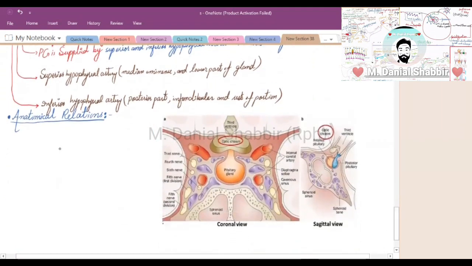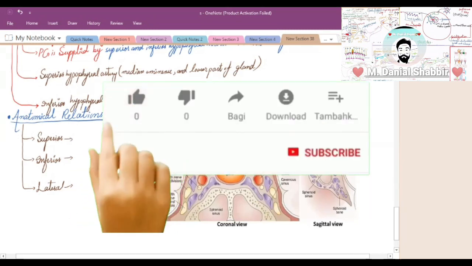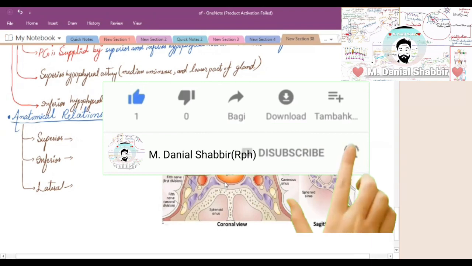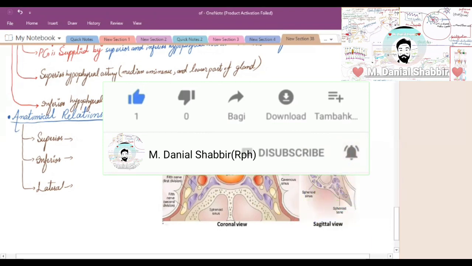Now come to the relations of the pituitary gland. There are three: superior, inferior, and lateral. As you can see in this diagram, this is the third ventricle, this is the optic chiasma, and this is the pituitary gland. These are the lateral sides of the pituitary gland, and on the lateral side the carotid arteries are present.